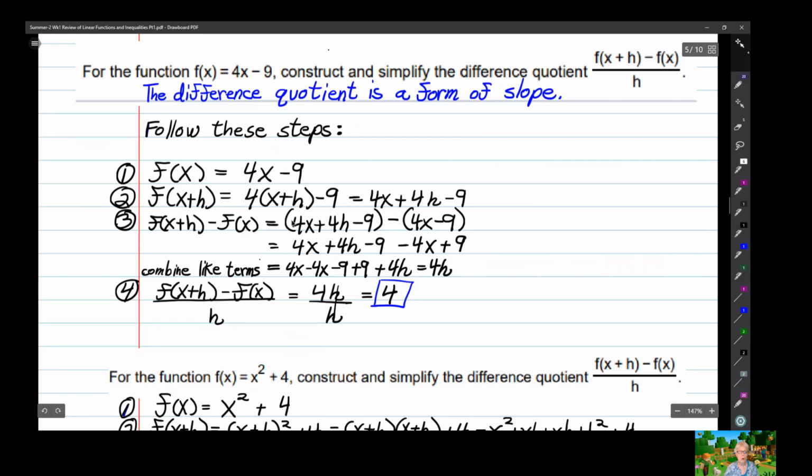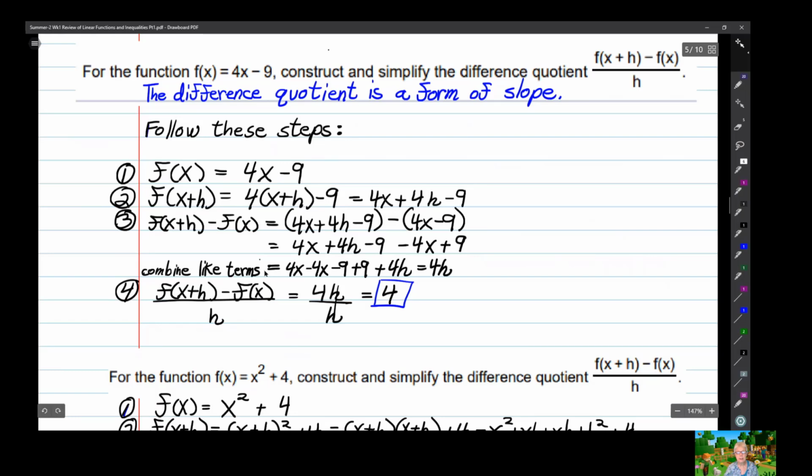That gives me an invisible 1 times (4x plus 4h minus 9), which is 4x plus 4h minus 9 without parentheses. But this minus sign distributes to the positive 4x and the negative 9 in the parentheses. That gives me negative 4x. Negative times negative is positive, plus 9. So I've got 4x plus 4h minus 9 minus 4x plus 9.